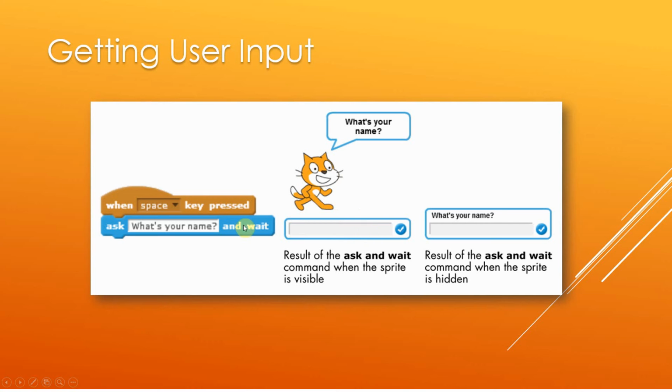If you put your ask and wait on the stage, or your sprite is invisible, then this speech bubble up here will be included in the block at the bottom where you type your answer in. Again, you type your answer in and either click on the blue button with the checkbox, or you hit the enter key for the program to accept the answer and continue. Only when you click on the blue button or hit the enter key will the program continue, because as you can see here, this is an ask and wait block. So it waits for you to tell it you are giving it this as your input.